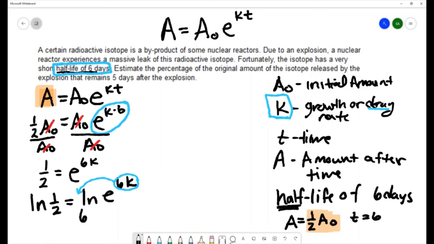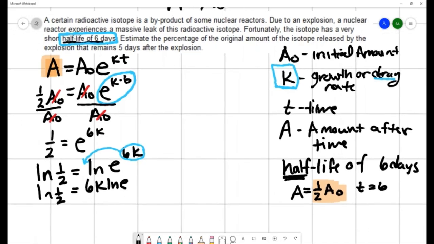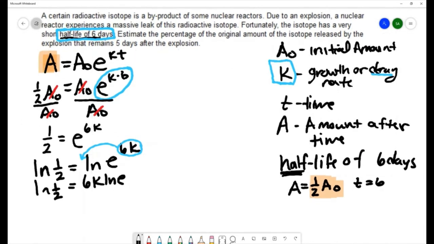We have 6k natural log of e equals natural log of 1/2. Natural log of e is 1, so that gives me 6k equals natural log of 1/2. Then I can divide both sides by 6. So we have k equals natural log of 1/2 over 6.